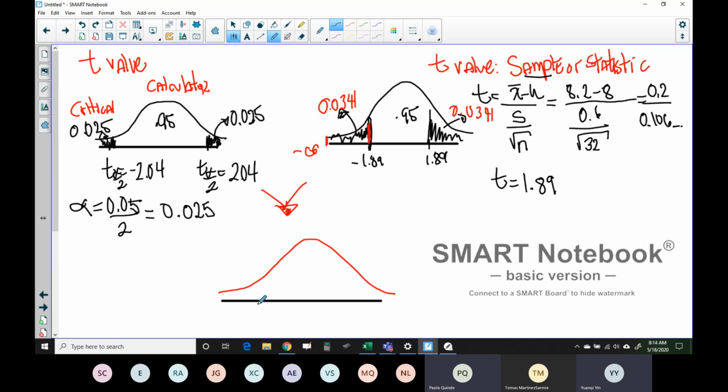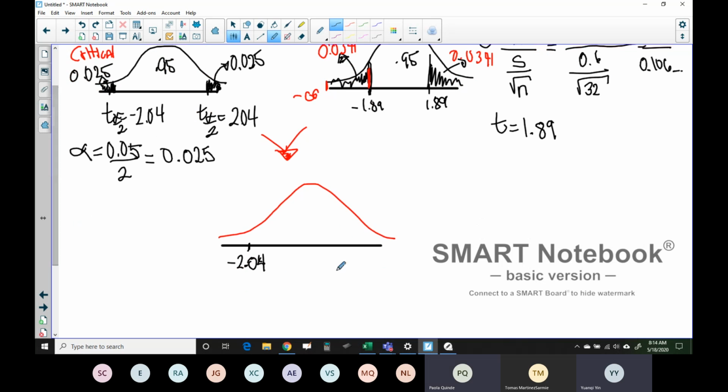So this was t negative 2.04, and on the other side is going to be 2.04. Now I'm going to put the new one that I found, 1.89, and I'm going to use a different color. Should I put it on the left or on the right of that?